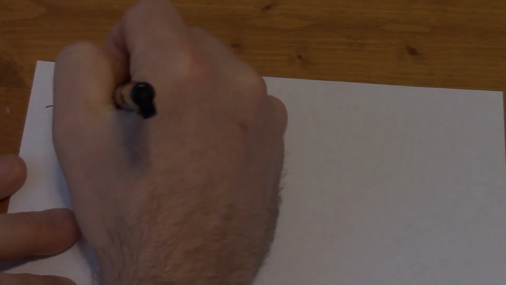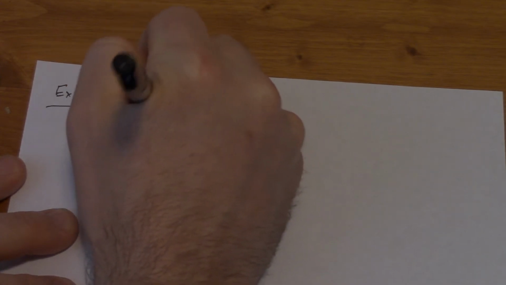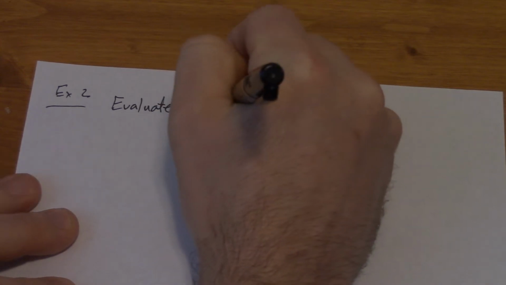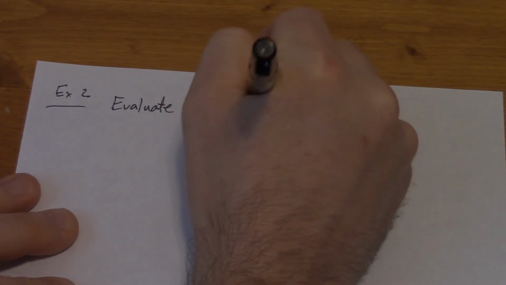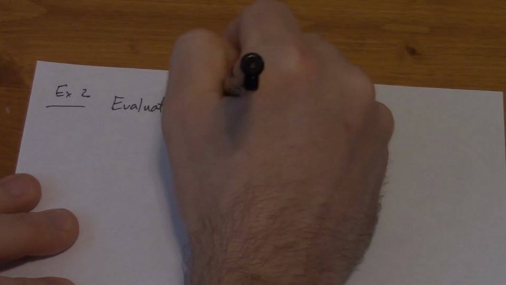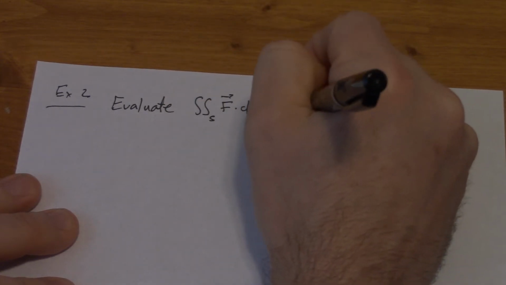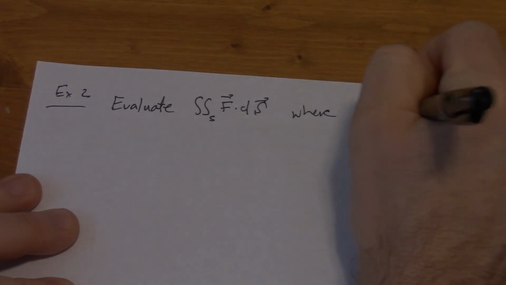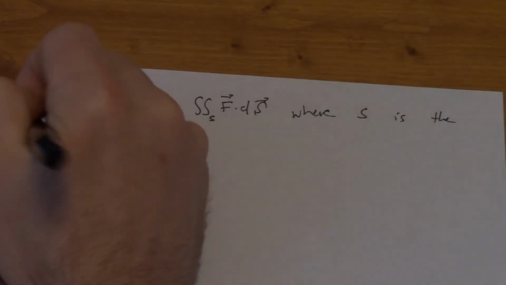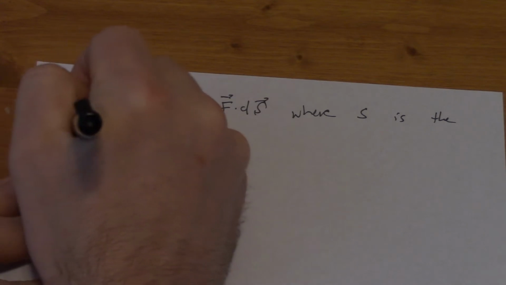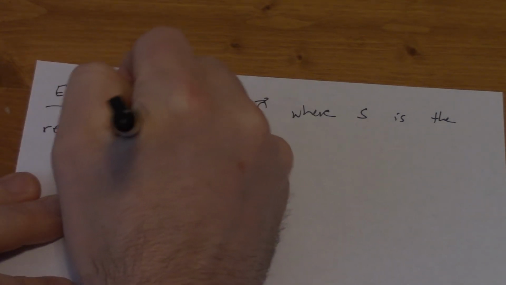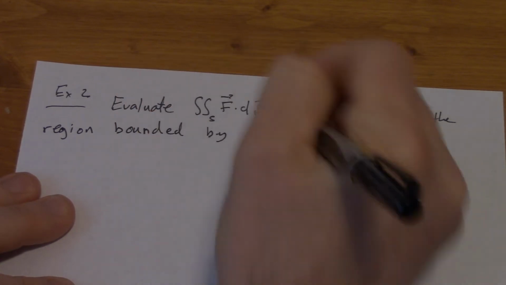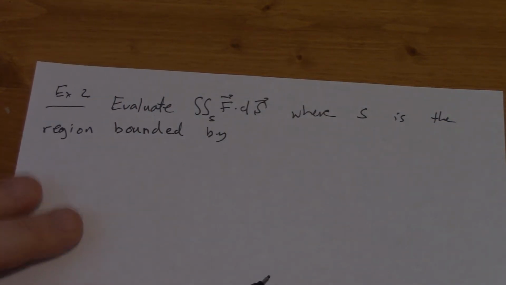We're going to evaluate the flux integral F dot dS, where S is the region bounded by, okay, it's going to have several different parts.